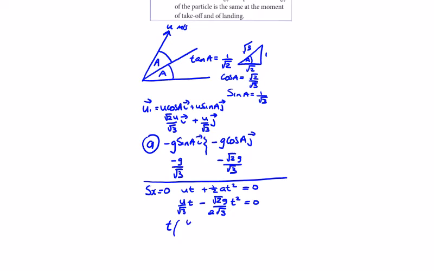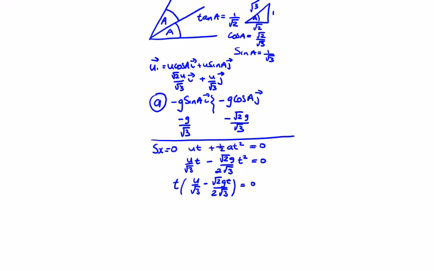Factoring out t, we get u over root 3 minus root 2 g t over 2 root 3 is equal to 0. So u over root 3 is equal to root 2 g t over 2 root 3. We can multiply both sides by root 3. We get 2u divided by root 2 g is equal to the time taken.